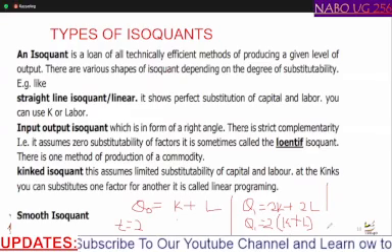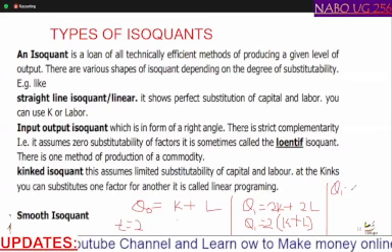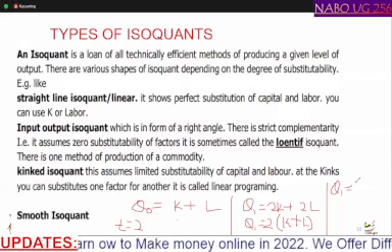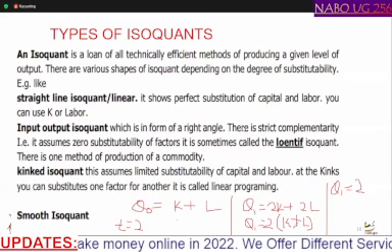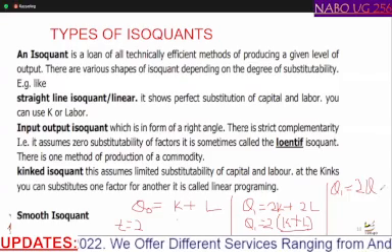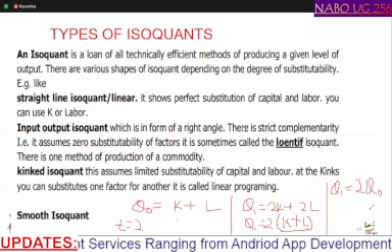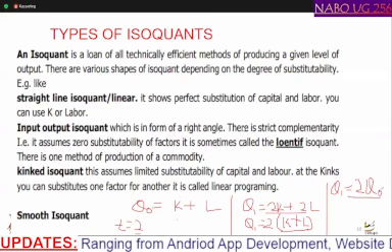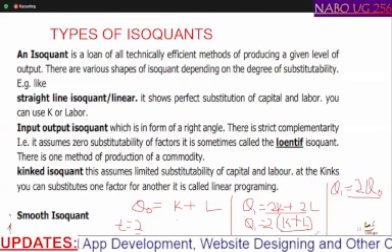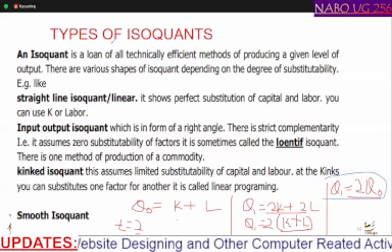So Q1 becomes 2 times Q naught, meaning that I've doubled my factor inputs and my output has also doubled, two times Q naught. That's the meaning of output doubling. That means it is a simple production function with these properties.